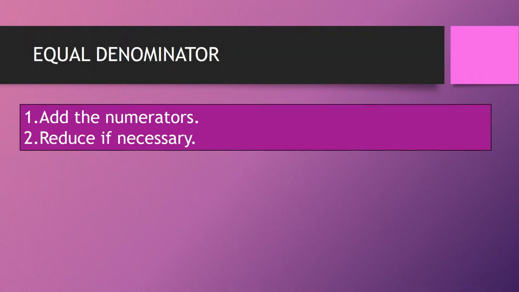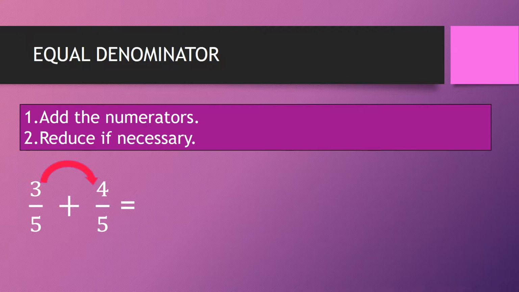Suppose you have equal denominators. In this example, 3 over 5 plus 4 over 5. In this case, 5 is the same denominator. Both fractions have as denominator the number 5. When you have the same denominator, what do you have to do?